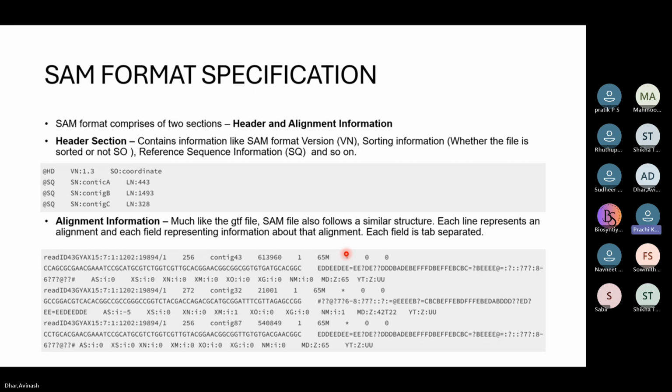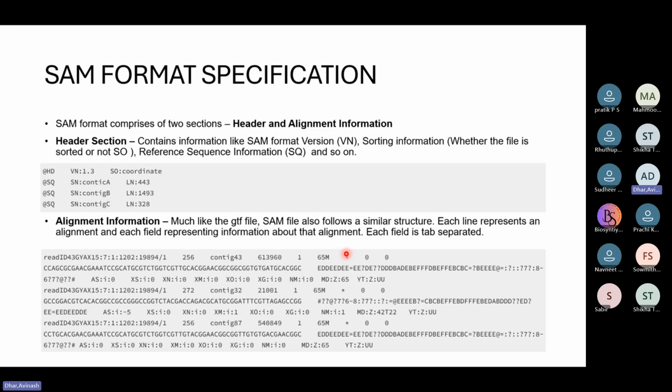So will you please explain one more time? Okay. In the cigar there is a certain set of characters that one needs to remember. M is match, D is deletion, I is insertion, and nowadays they have included X as well, which means mismatch.